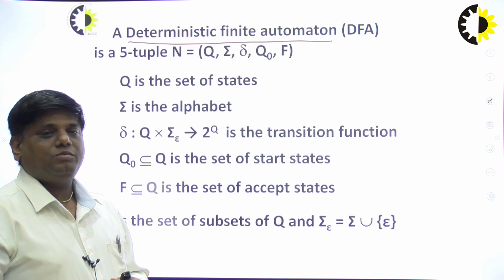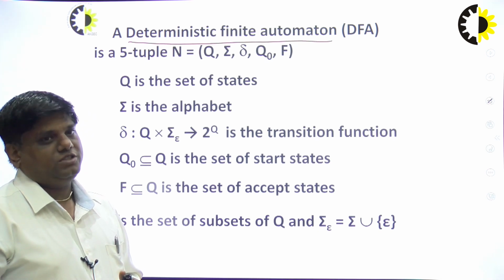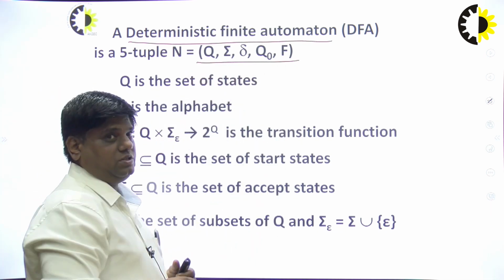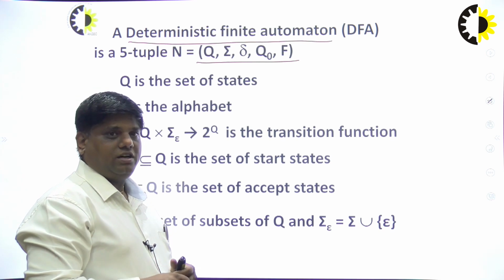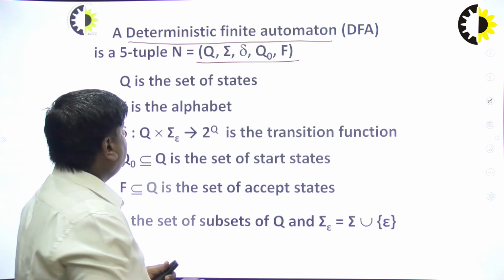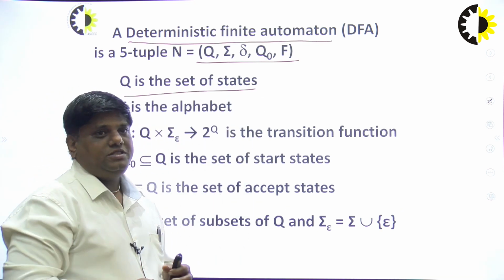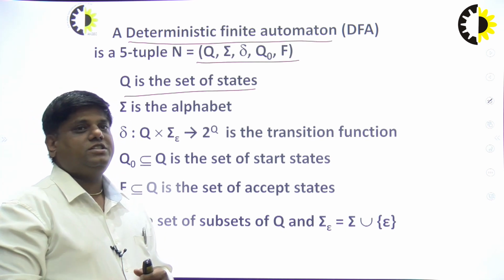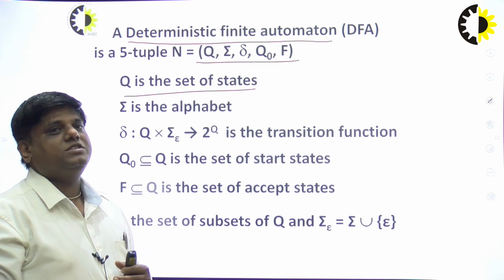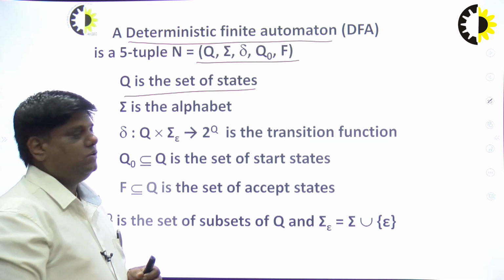In mathematical terms, a deterministic finite automaton is classified into 5 tuples: Q, sigma, delta, Q naught, and F, where capital Q is a set of states. It tells us how many states are in the DFA.